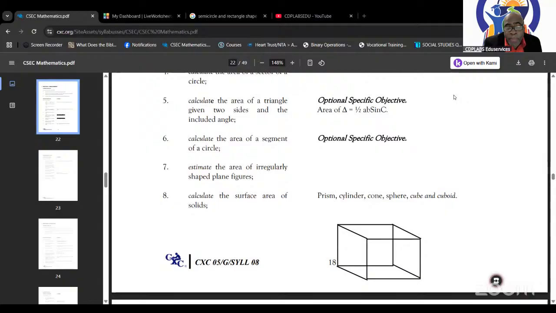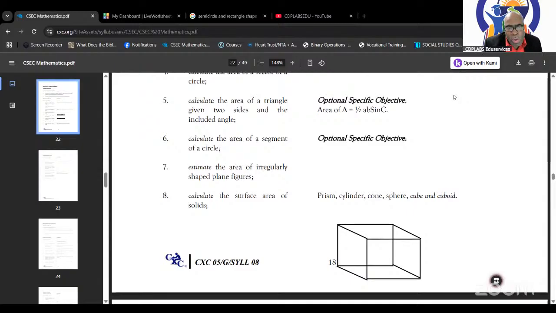You ready? Now, show me the faces of the box. How many faces does that have? 1, 2, 3, 4, 5, 6. Six faces. So when you're touching it, you must tell me the name of the face.